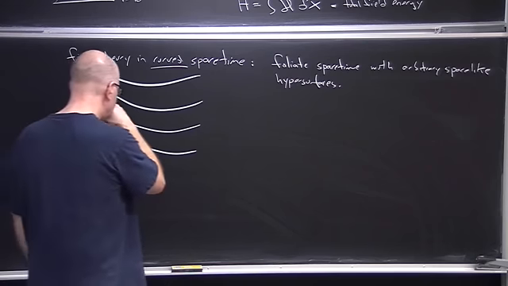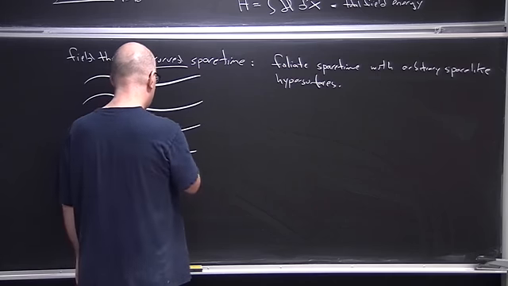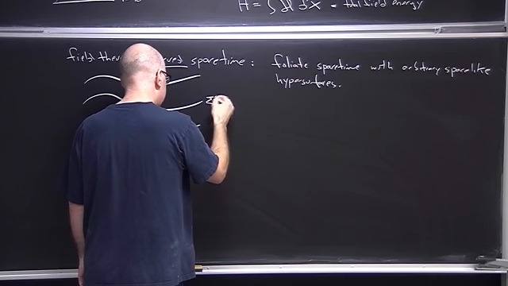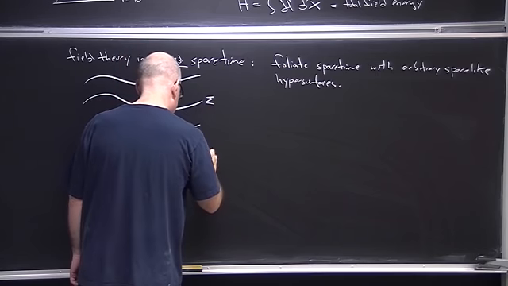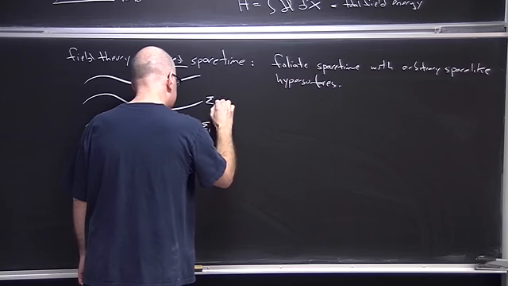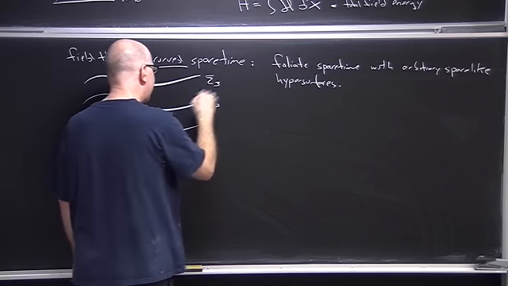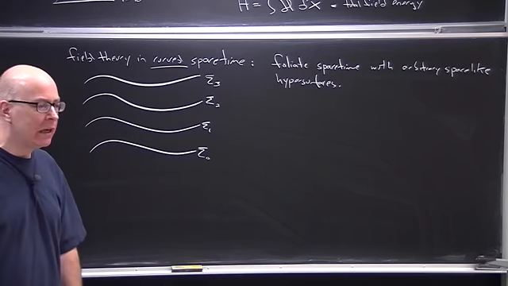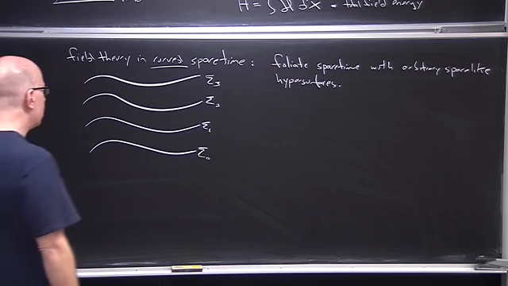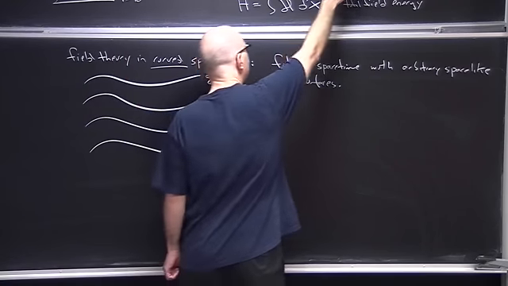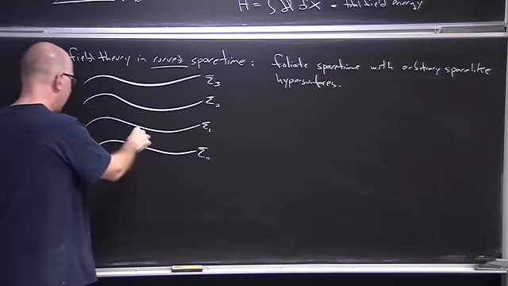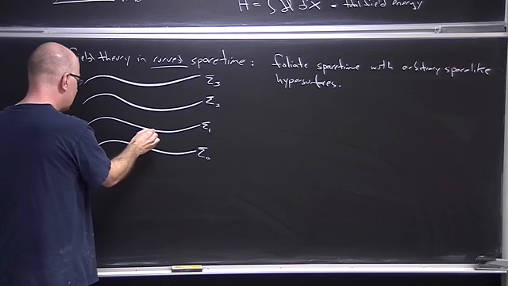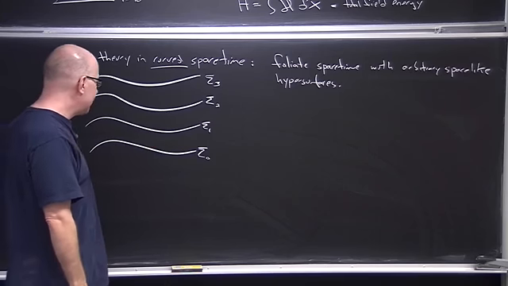So we're going to have a bunch of space-like hypersurfaces like this. I'm going to call them sigma. I could call this one sigma 0, sigma 1, sigma 2, sigma 3. We have a whole bunch of them. And what I'm going to mean, of course, when I consider taking a time derivative of a field, will be obviously a derivative that will compare a field configuration on this surface to a field configuration on the next surface.